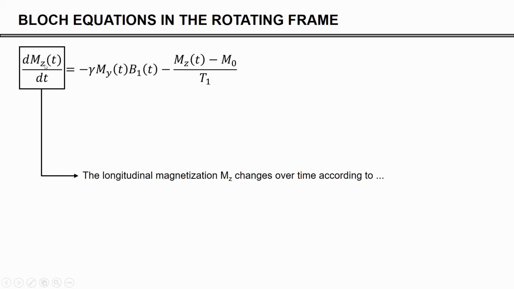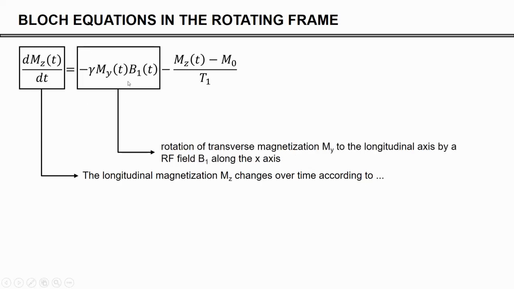And so dMz/dt basically just tells you how the magnetization Mz changes over time. Now, it changes over time according to the first effect. And the first effect is basically rotation of magnetization along the y-axis by a B1 field along the x-axis. And that rotates towards the z-axis, changing Mz.